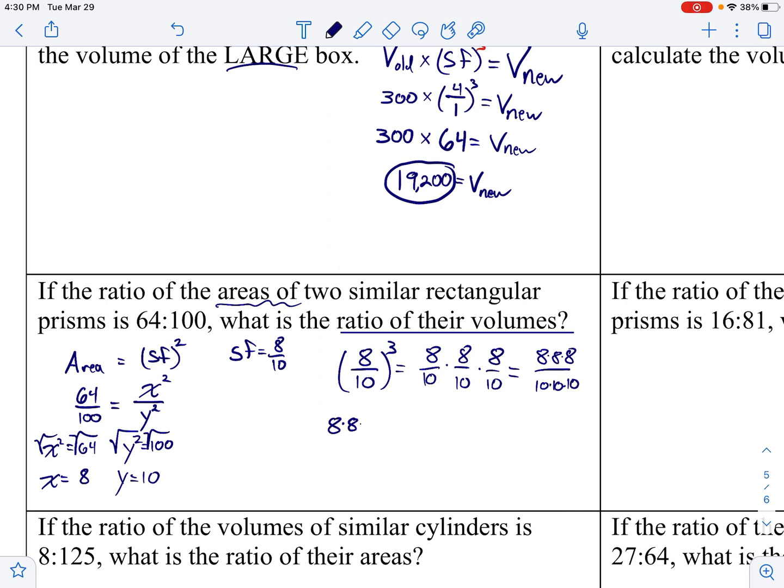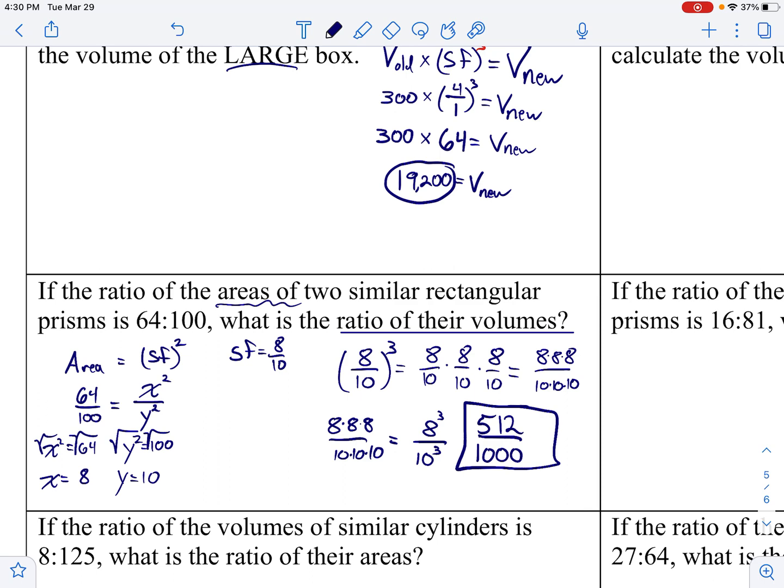And 8 times 8 times 8 is equal to 8 cubed over 10 cubed. Hey, that looks kind of familiar. And if I put that in there, 8 cubed is 512, and 10 cubed is going to be 1,000. So the ratio of their volumes, finally we've arrived at, is 512 over 1,000.